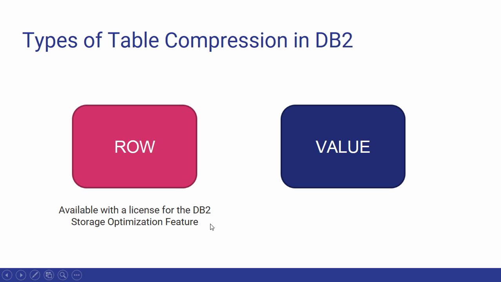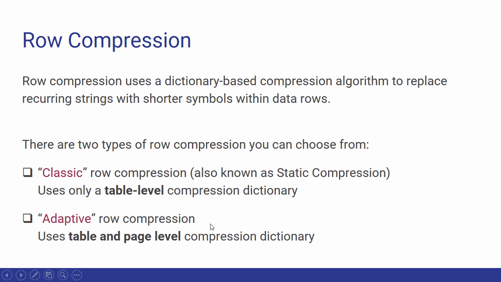As I said, we will be working with row compression in DB2. There are two types of row compression in DB2: classic row compression and adaptive row compression. These are the two types that we'll look into in the upcoming lectures. But before that, let us get an understanding of what row compression is.